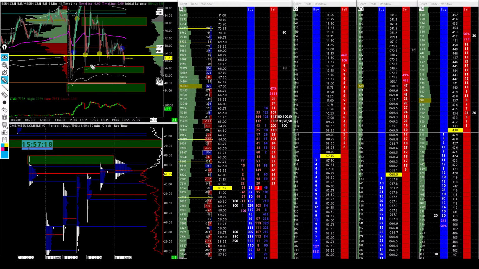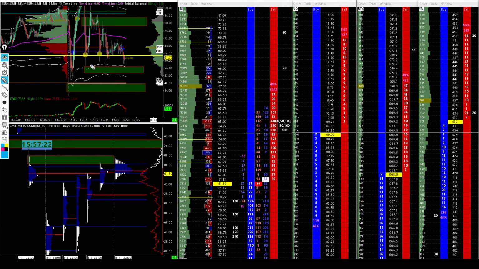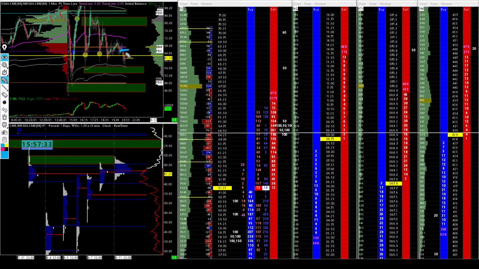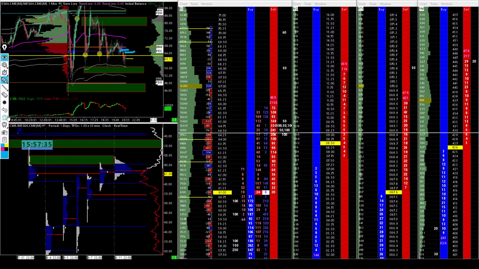But we'll see. Yeah, exactly. Close around over here, and today's just been a nothing day, which is to be expected with CPI data.